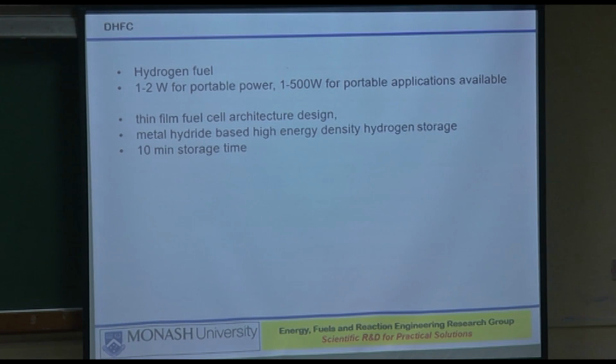Produce the hydrogen, and design a few cells where you will be charging your metal hydrides, which will go into your fuel cell that you will be selling. There are some available for 10 minutes storage time. You can easily sell something with 30, 40 minutes, 1 hour storage time. But these are fantastic things.